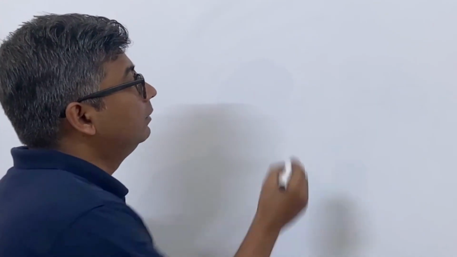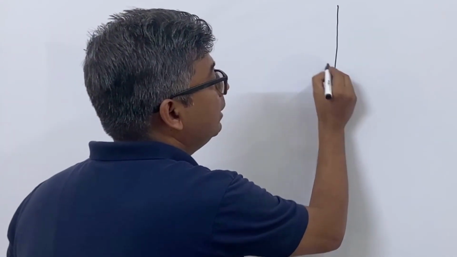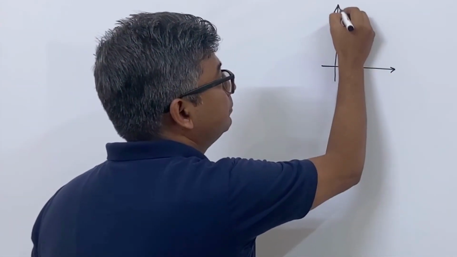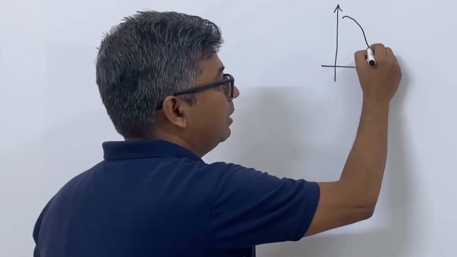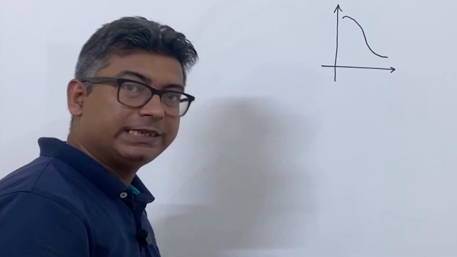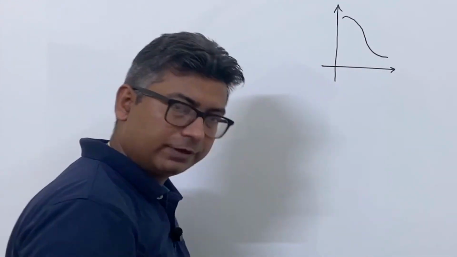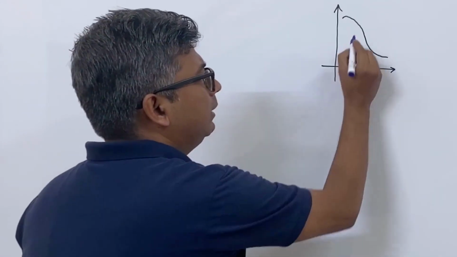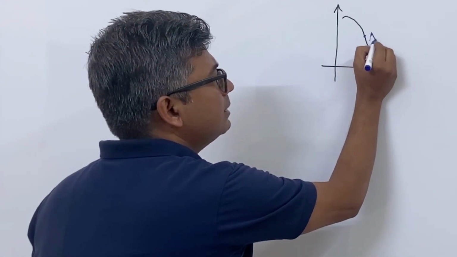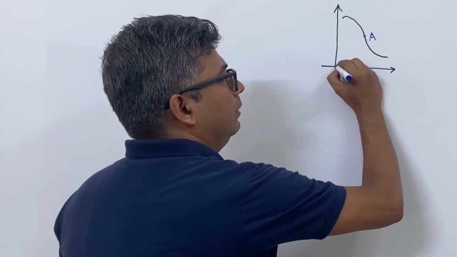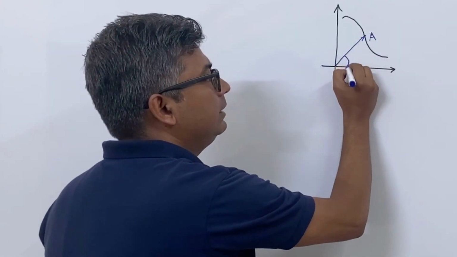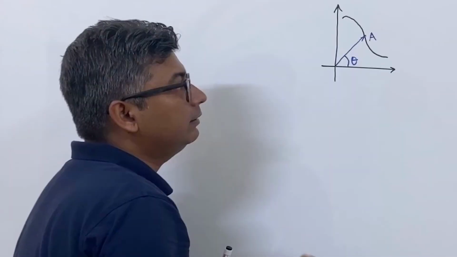So when we talk about angular velocity, it is something that is for a motion in a curved path. Let's say this is my curved path, which has a radius of curvature. Let's say for this small portion, this is the radius of curvature. At a time t, this is the point, and it makes an angle theta, which is the angular displacement.